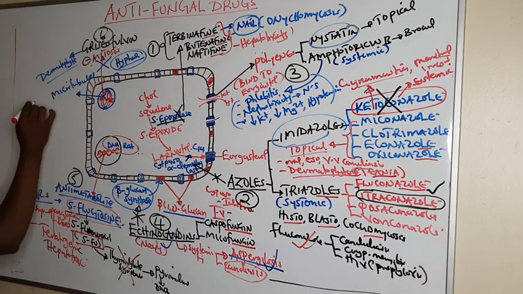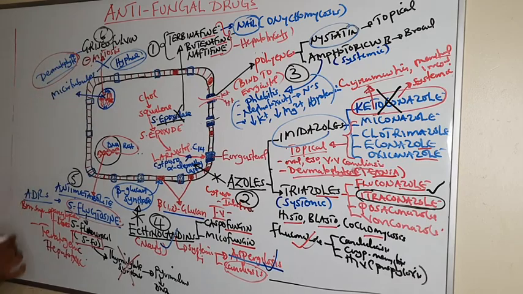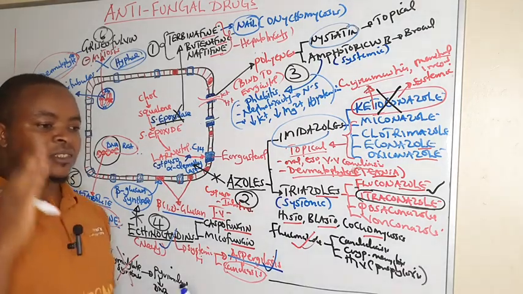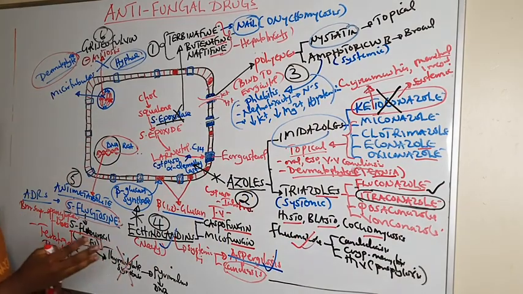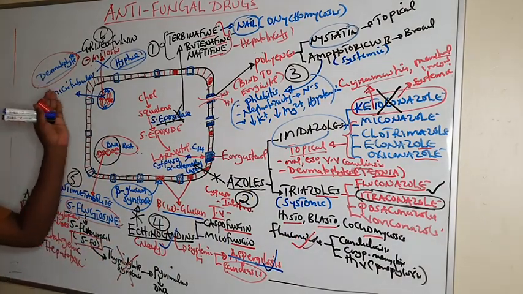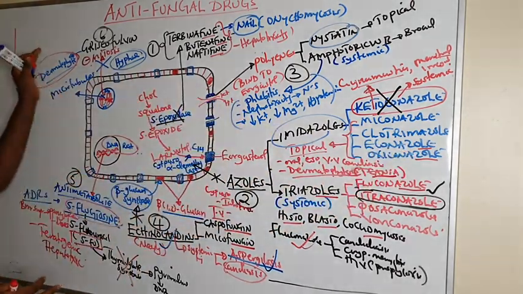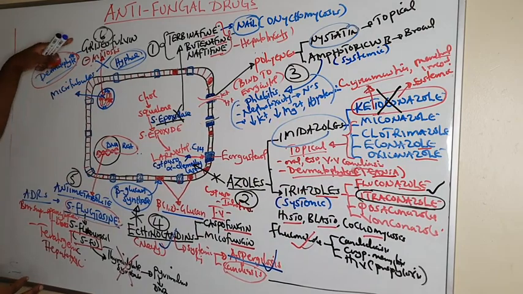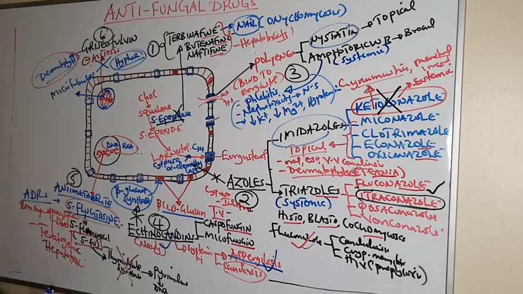Also, griseofulvin, which we said is used in treatment of dermatophytes like Tinea capitis, Tinea pedis, Tinea cruris, and Tinea corporis. Those which have been resistant to the imidazoles, we can use griseofulvin. Actually, griseofulvin is also used to treat mucocutaneous fungal infections.